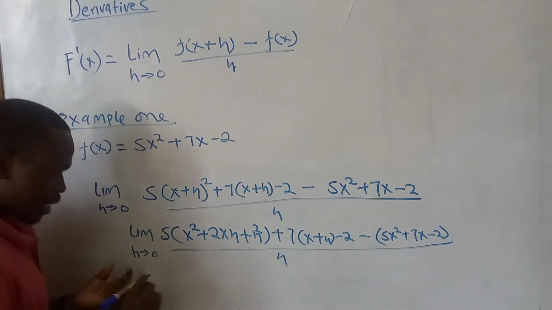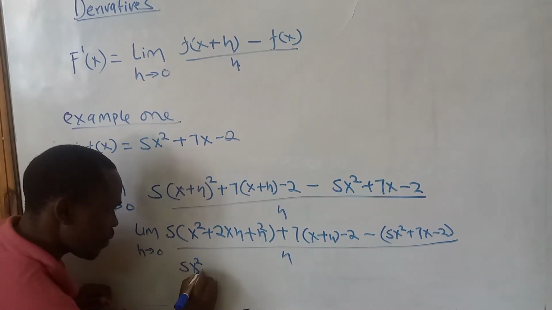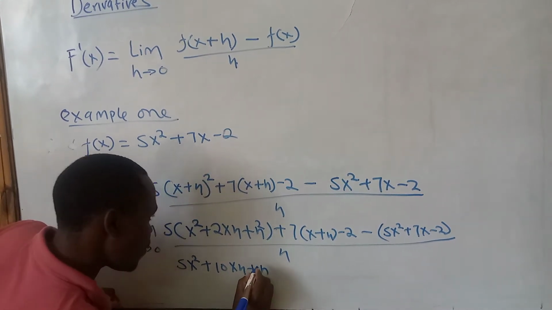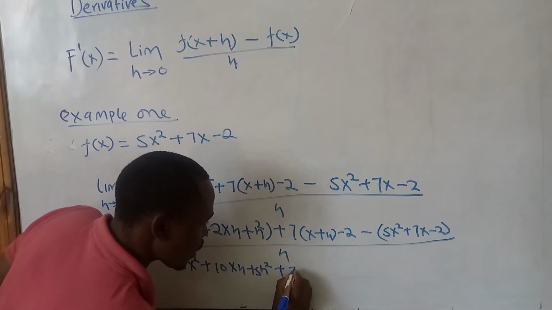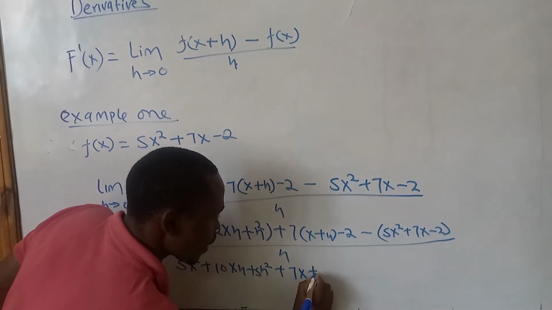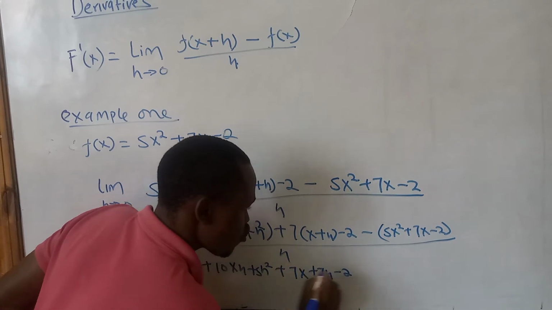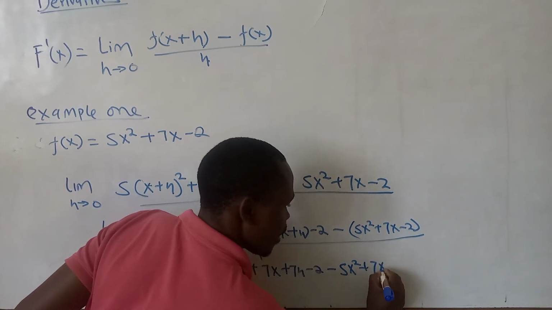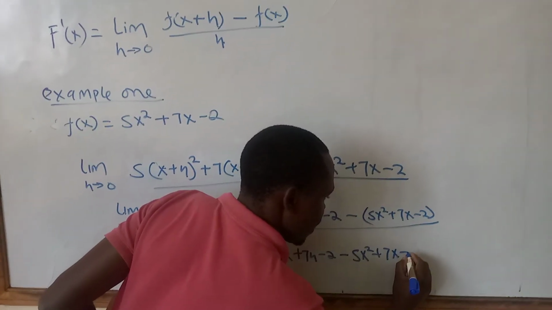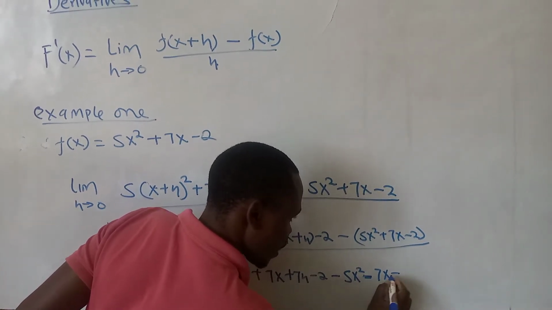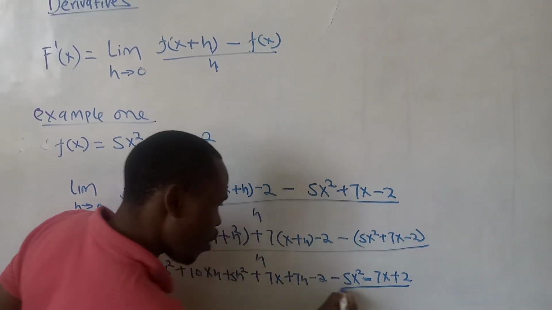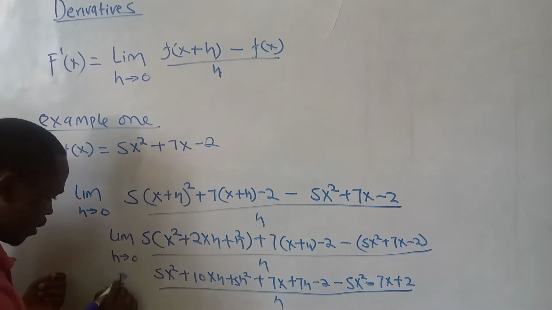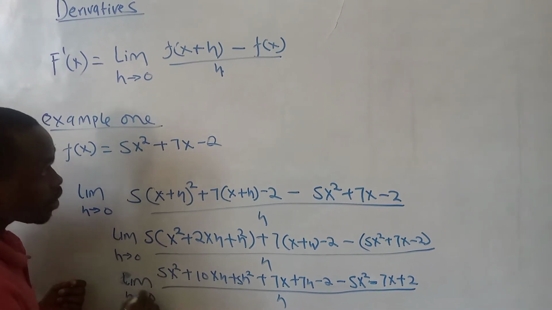When I open this bracket, it's the same as 5x squared plus 10xh plus 5h squared plus 7x plus 7h plus 2, minus 5x squared plus 7x plus 2. Here is subtraction, so here it will be negative. Then all of it I'm going to divide by h. You also have to remember it's the limit as h approaches 0.